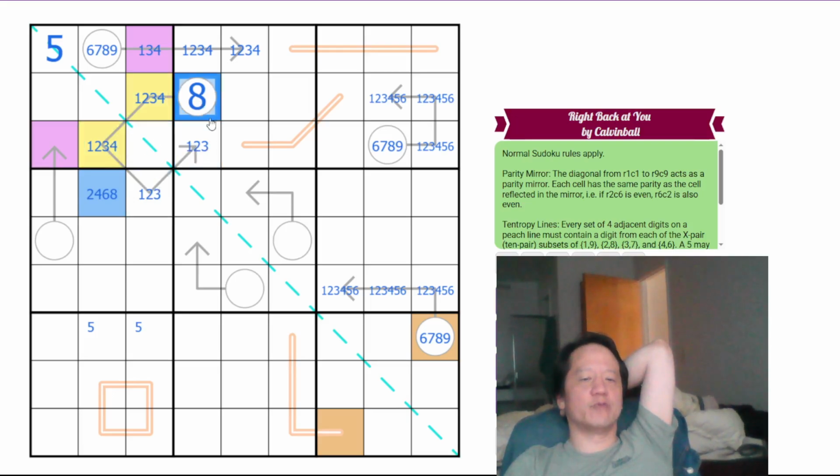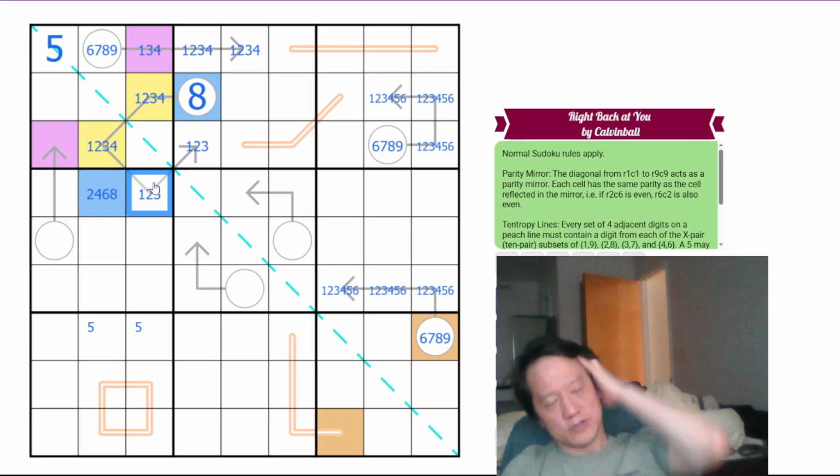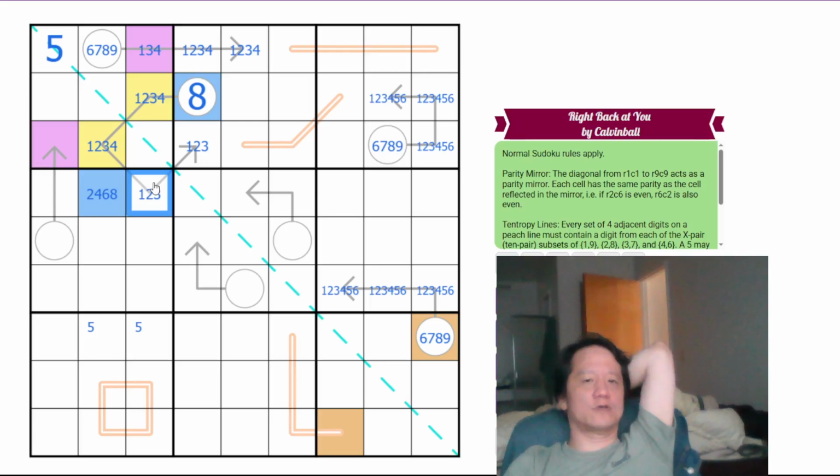With 4, that would make this not a digit. If this is 2, 4, obviously it's 1, 1 here. Okay, what does that mean? I'm not really sure.